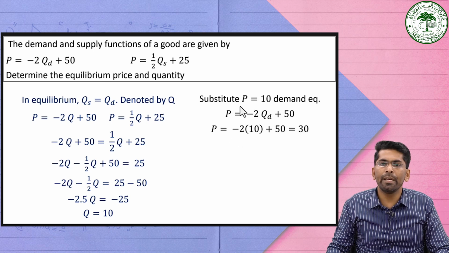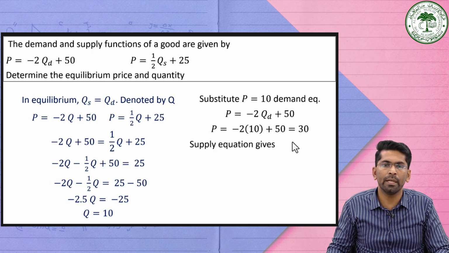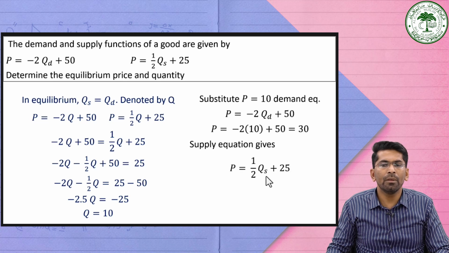We are going to find out P here. So P is equal to minus 2 into 10, instead of QD, plus 50. If you go for solving it, then you will get P is equal to 30. Price is equal to 30. And if you substitute in the supply function, then also you will get the same result. So here you can check it by substituting Q is equal to 10 here also.